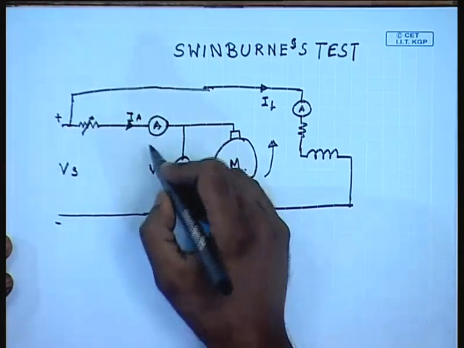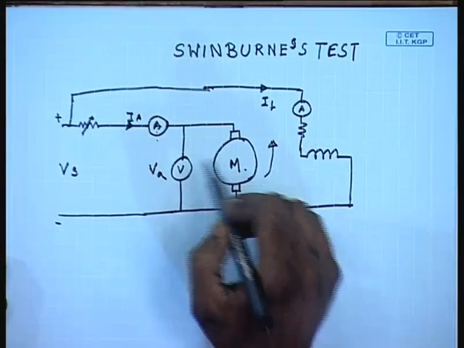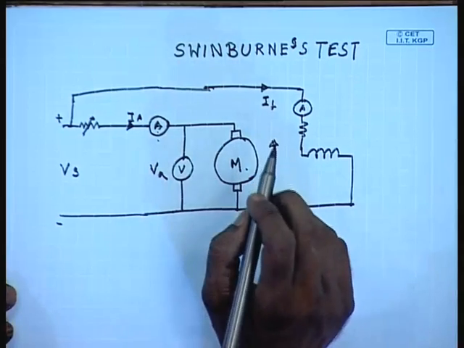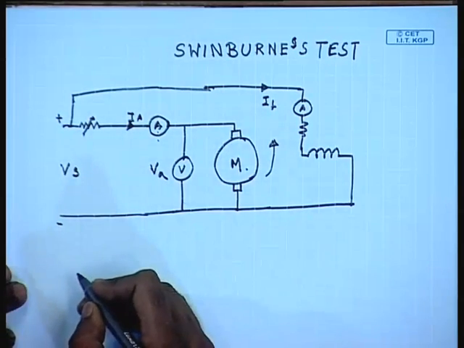Now, the armature ammeter reading is the no load armature current.